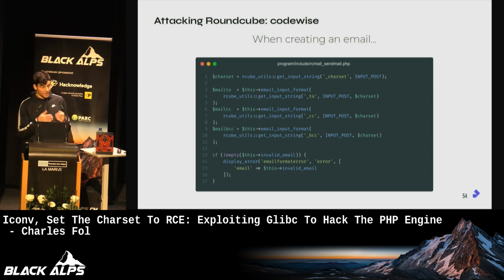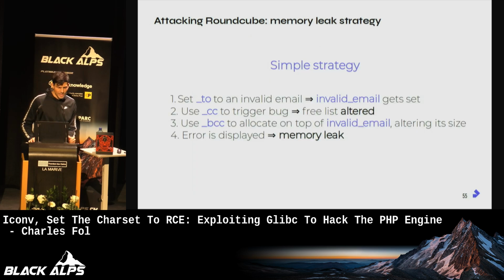In addition to this, right after it has parsed the parameters, it will verify that the email addresses are correct. If one of the email addresses is not correct, it will actually display an error message that says, well, this email is not valid, please change it, and then the email. So if you think about it, it's basically what I was telling you about before. We can use _to to set an invalid email so that the error message is set.